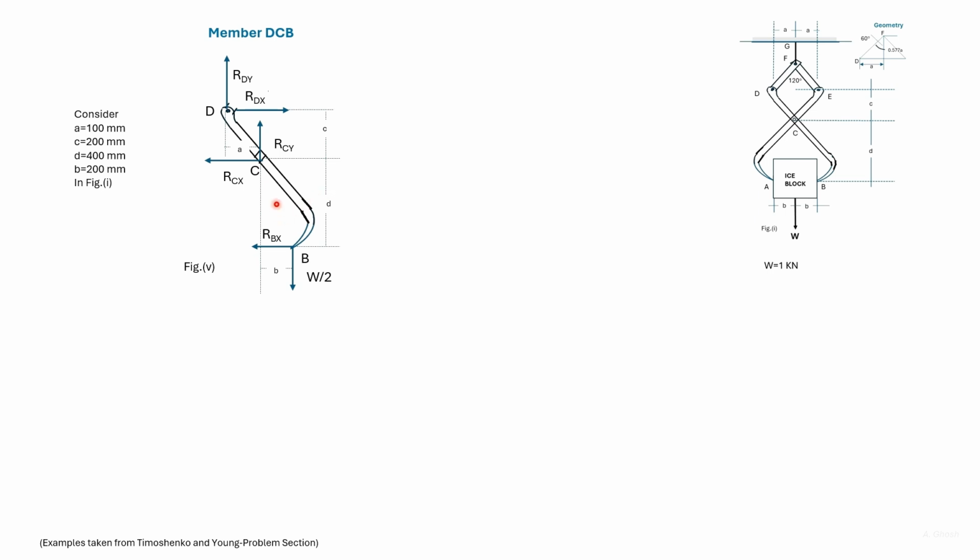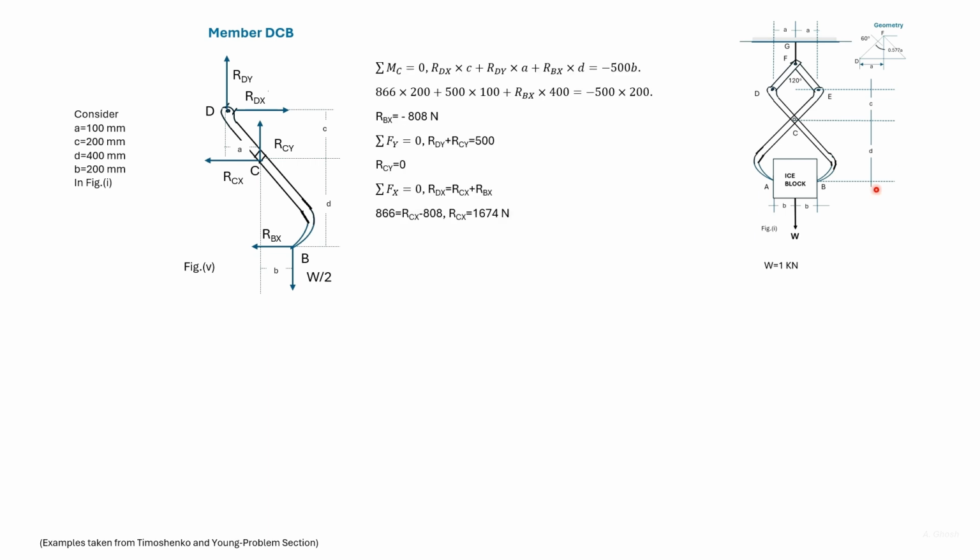Then, solving all forces in the vertical direction, we can find out RCY, and solving all forces in the horizontal direction, we can find out RCX. This gives us all the component forces that we need to know in F, D, C, and B.